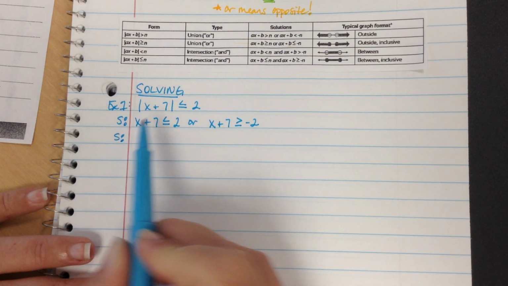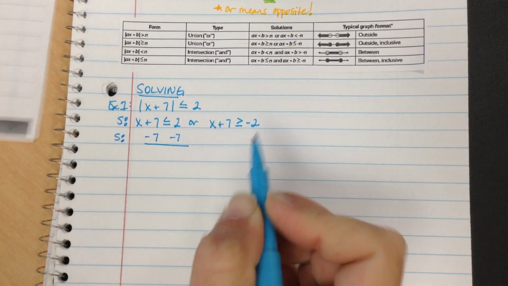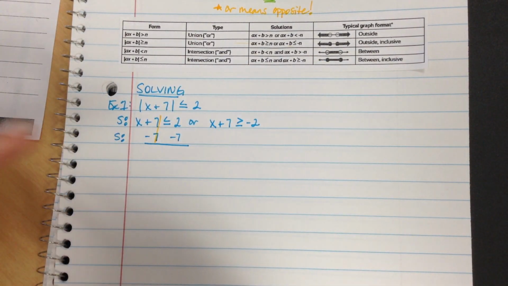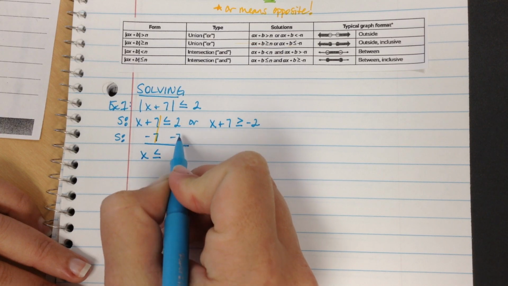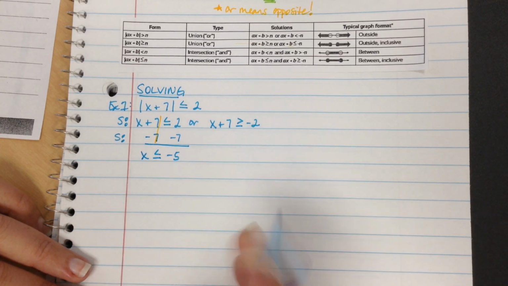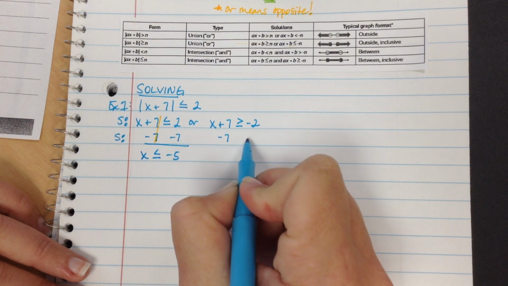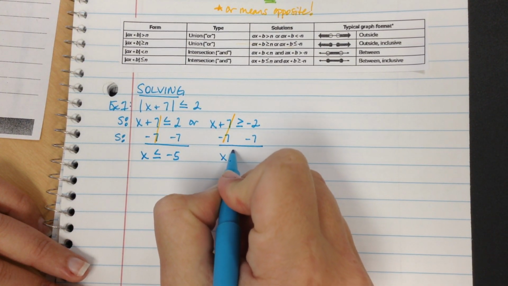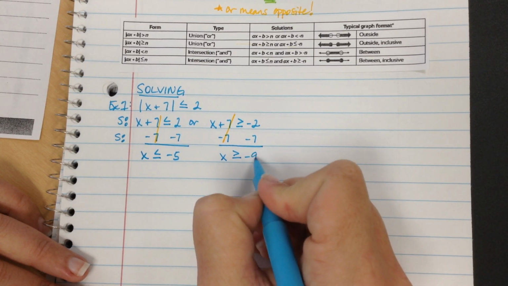We want to get x by itself, so we'll subtract 7 from both sides. 7's cancel, and I get x is less than or equal to 2 minus 7 is negative 5. Got to do the same thing with our second problem. We'll subtract the 7 from both sides. 7's cancel. X is greater than or equal to negative 2 minus 7 is negative 9.